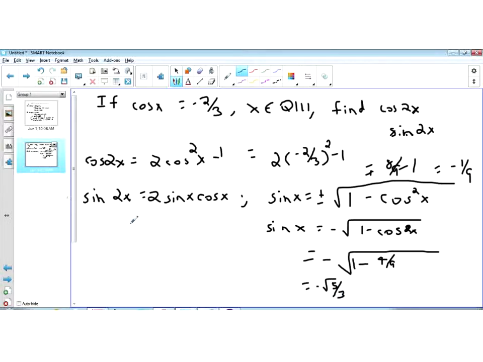Okay, so therefore the sine of 2x then is 2 times negative square root of 5 over 3 times the cosine of x, which is negative 2/3. So the result is 4 times the square root of 5 over 9.